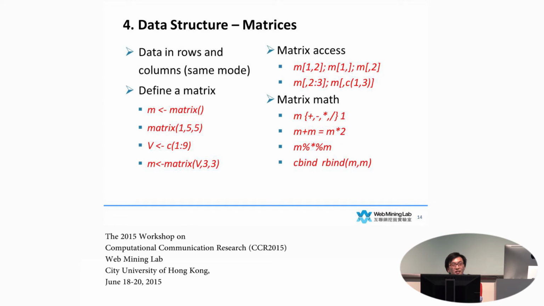See? We can also add 2 matrices together. The result is the same as n multiplied by 2. Okay. Any problem? Are you okay?